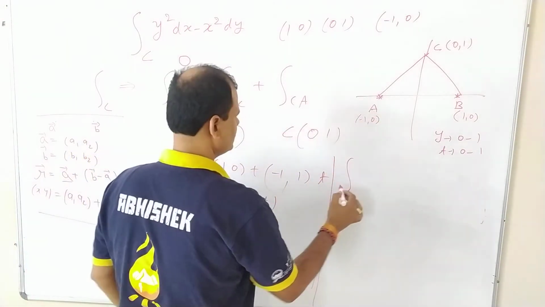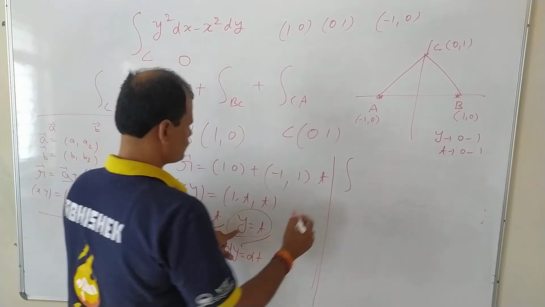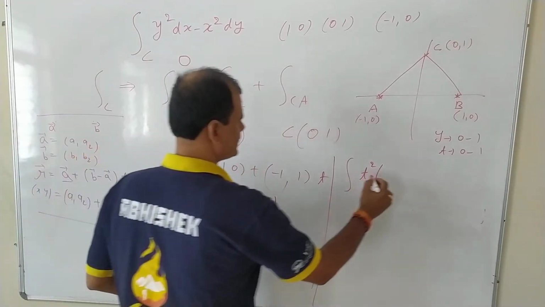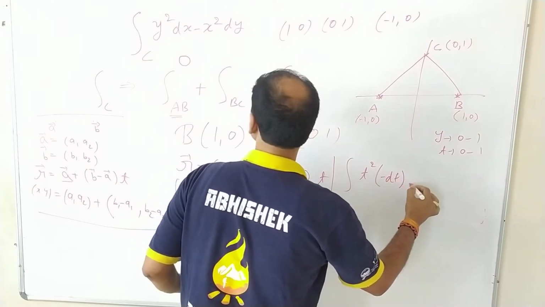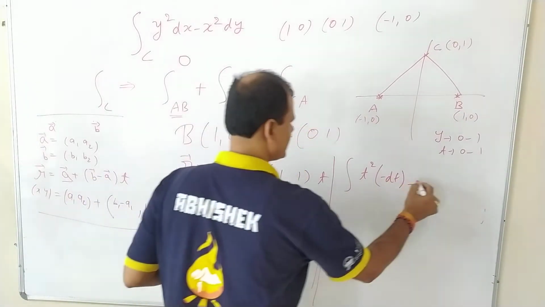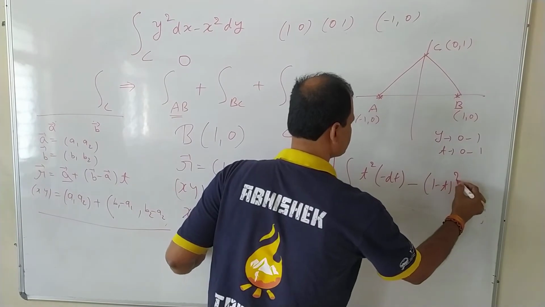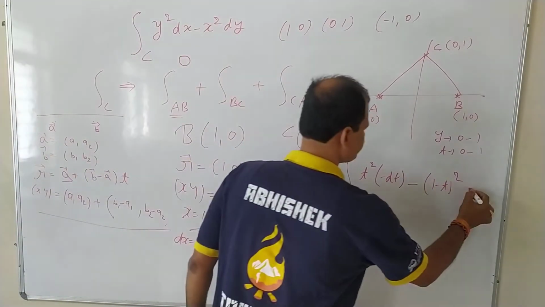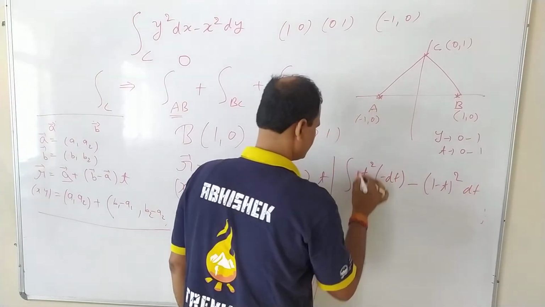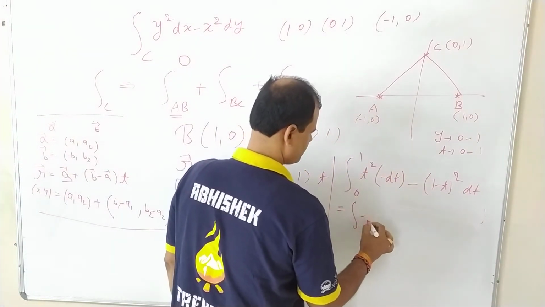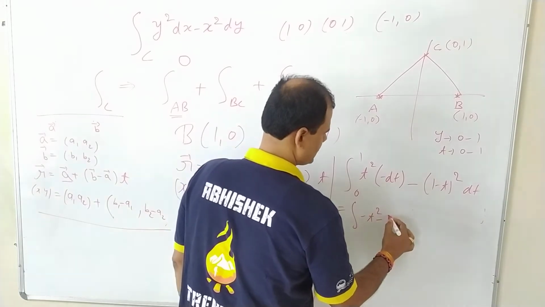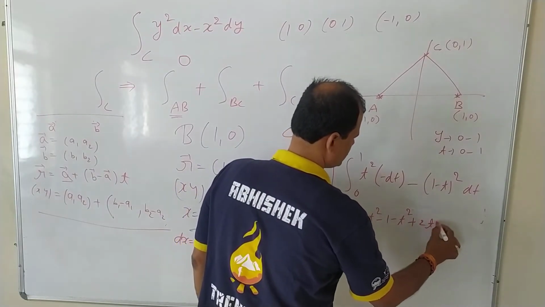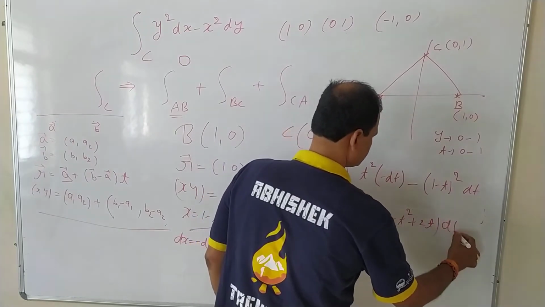So this integral y square means t square and dx equal to minus dt, minus x square means 1 minus t whole square into dy means dt and limit 0 to 1. So simplify. So we get minus t square minus 1 minus t square and plus 2t dt.